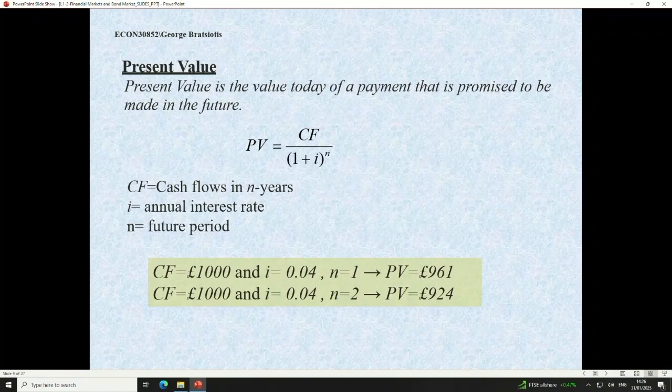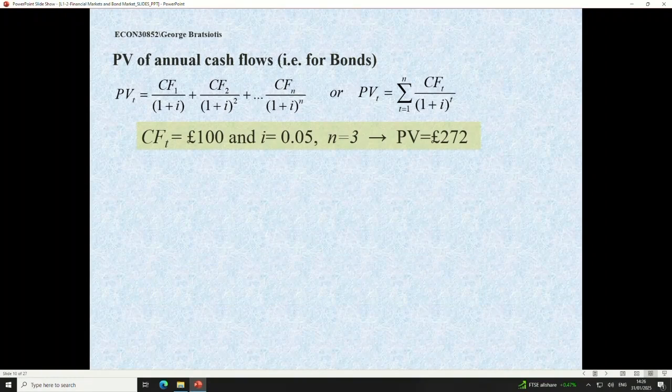Good. Of course, if that was in 2 years from now, if you work it out, that would be 924. Therefore, £1,000 today is not actually £1,000 in a year from now, if the market rate is 4%. That is the basic concept of the face value.